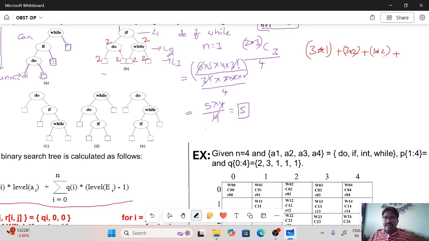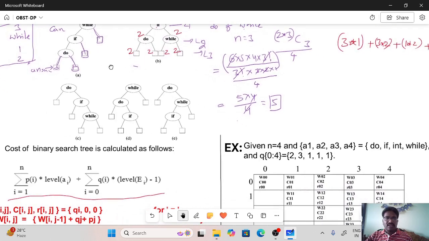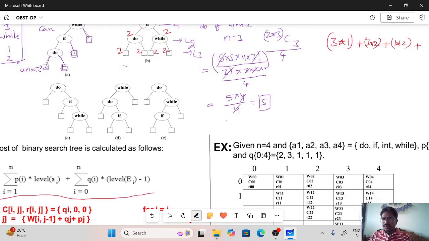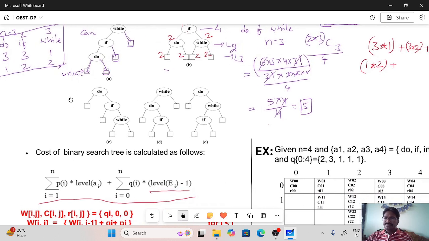Good. So that's why the frequency for the first one, nothing but the words smaller than do, let us assume is 1. So 1 into the number of comparisons, only 2, nothing but the level of that unsuccessful key minus 1. So that is the formula: level of that node minus 1. So plus, and what about the second one? Second one frequency also 1.